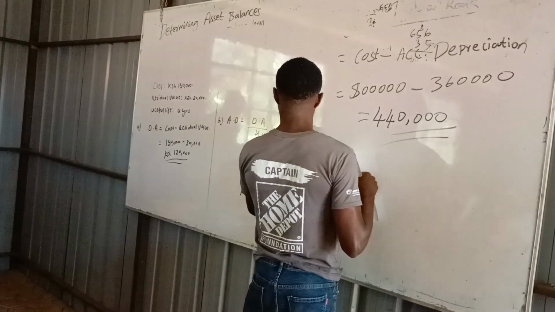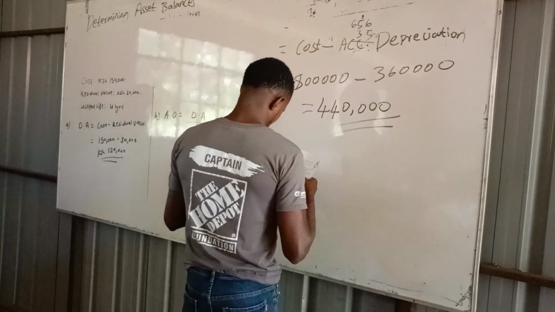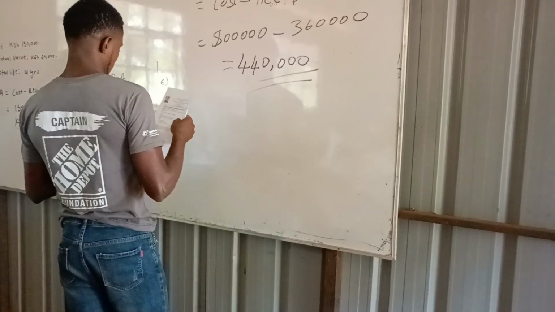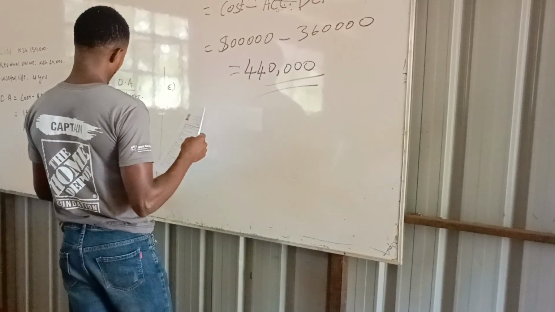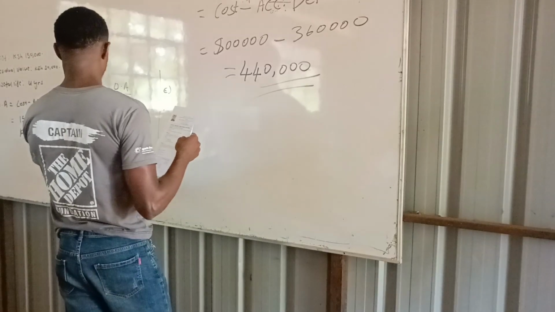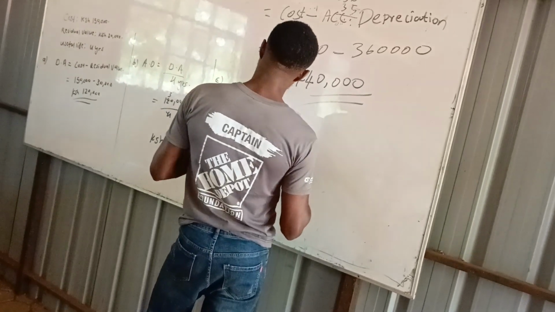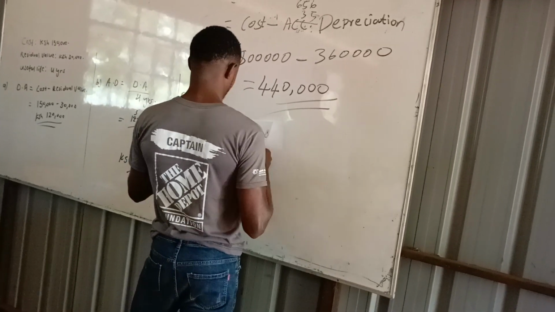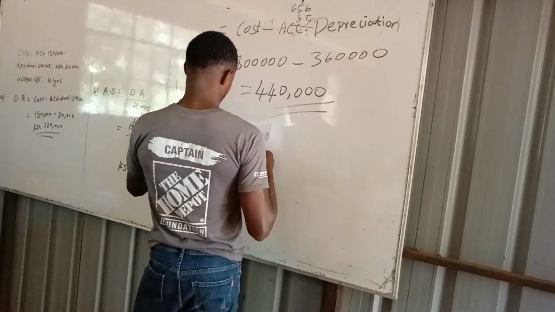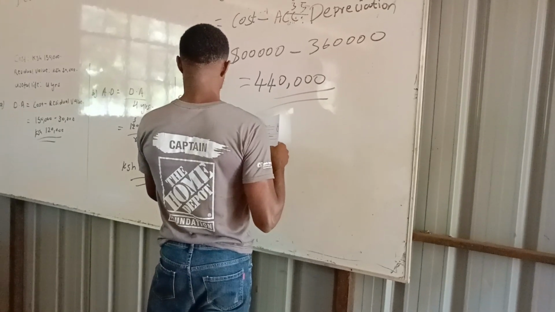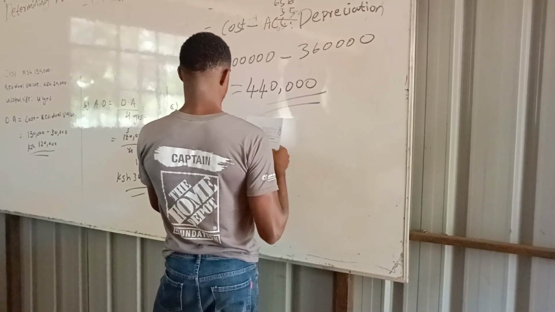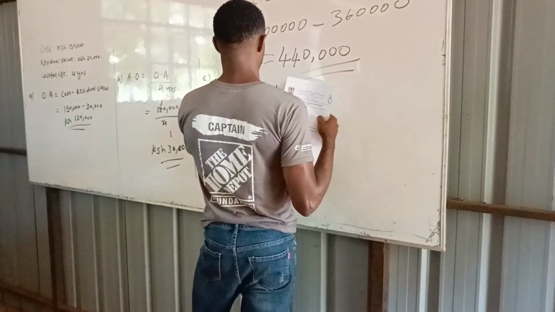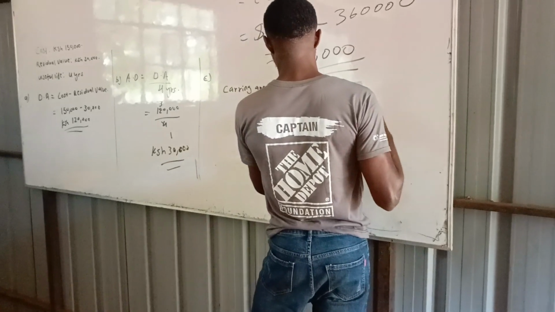So now the carrying amount after 2 years. First of all, the formula for carrying amount will be carrying amount equals cost minus accumulated depreciation.